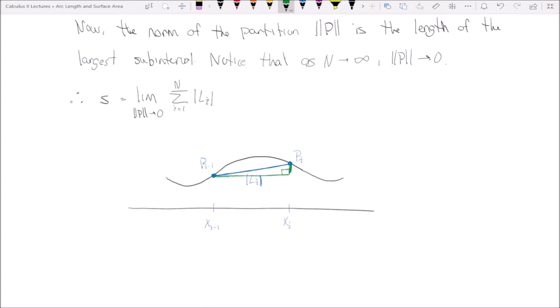Let me rewrite L sub I up here. So that distance is delta x. This upwards distance here would be the absolute value of f of xi minus f of xi minus 1, wouldn't it?